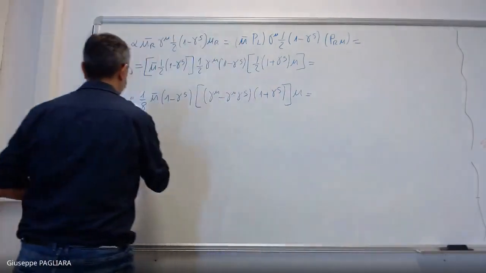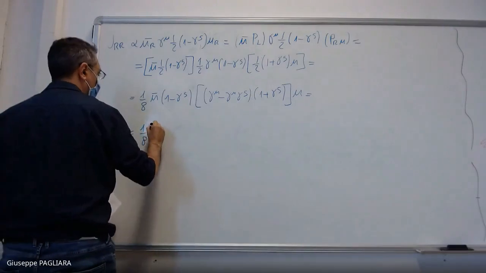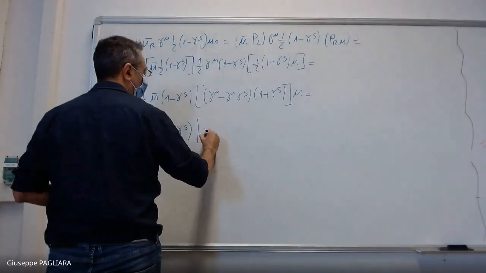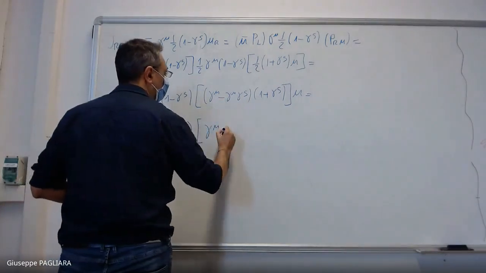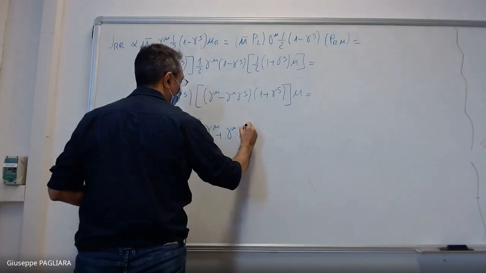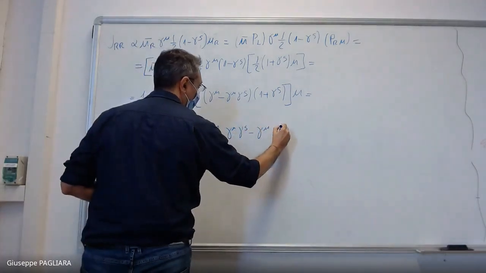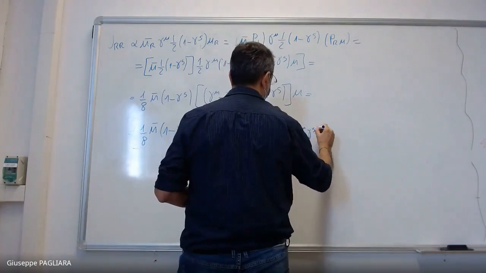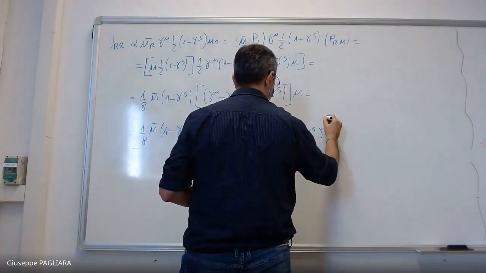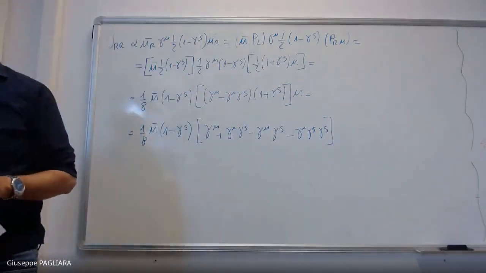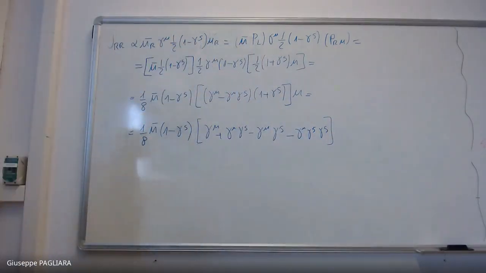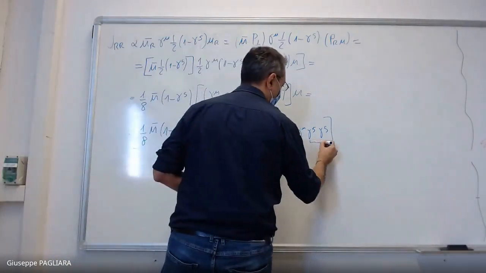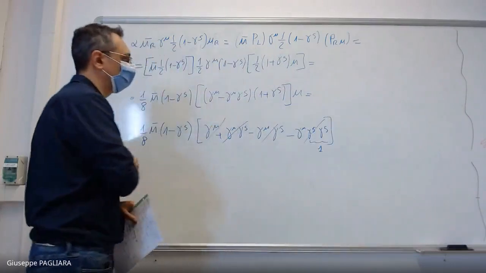So this is 1/8 ū (1 − γ5), and now we take the products here. We have γ^μ + γ^μ γ5 − γ^μ γ5 − γ^μ γ5 γ5. The γ5 squared is 1, so it also goes away, and everything is 0.